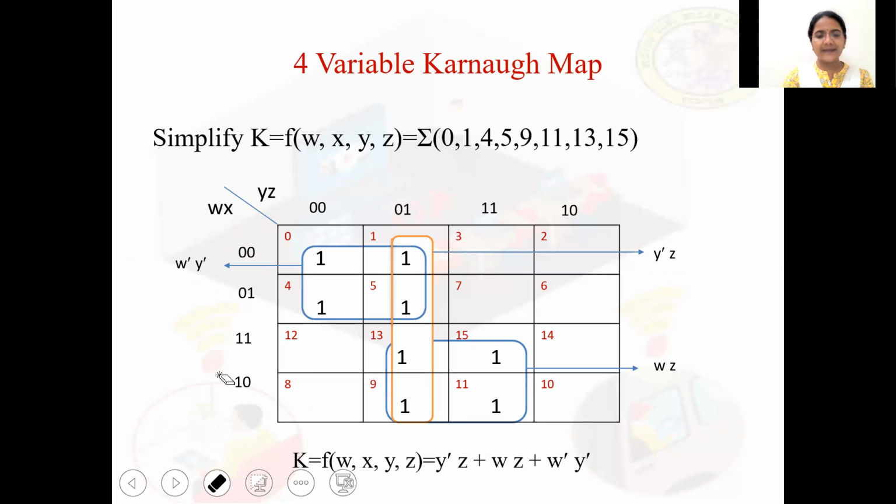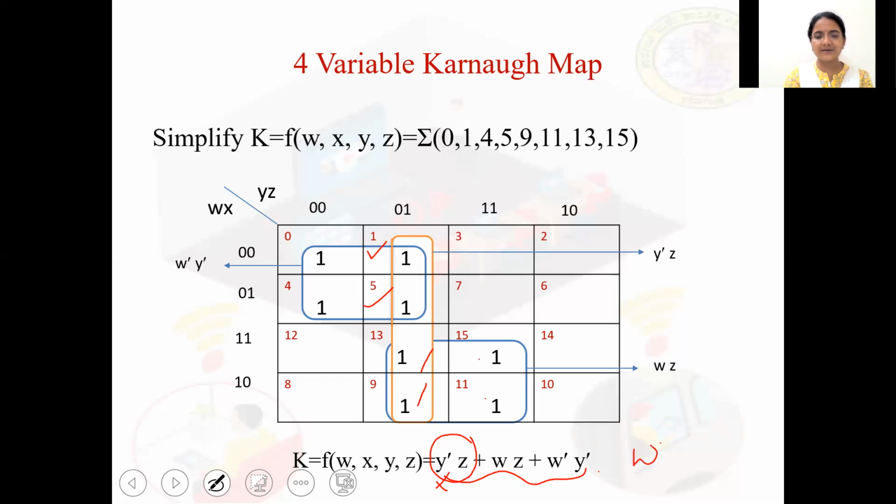Next, the final expression should contain the essential prime implicants. But here, this Y bar Z is not essential because minterms 1, 5 are combined with 0, 4, and minterms 13, 9 are combined with 15, 11. So there is no need to consider Y bar Z in the final expression.